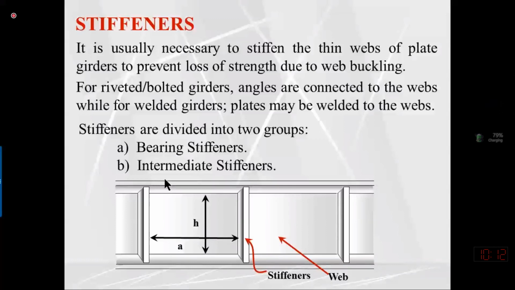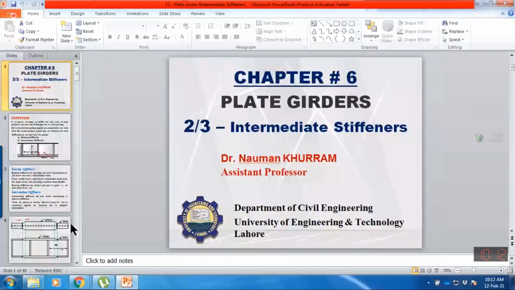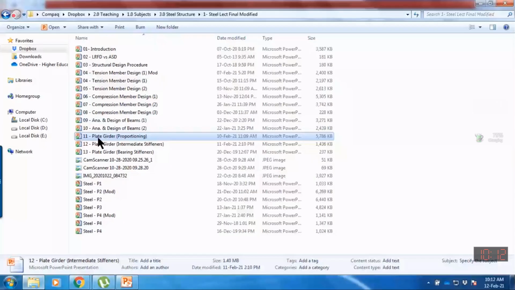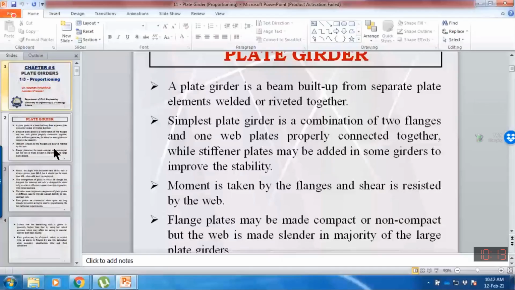So what we need to do is check the capacity of the web only, without any stiffener. If the shear capacity of the web is more than the applied force, for example, in example number 6.1 when we designed the plate girder, we plotted the shear force and bending moment diagram.